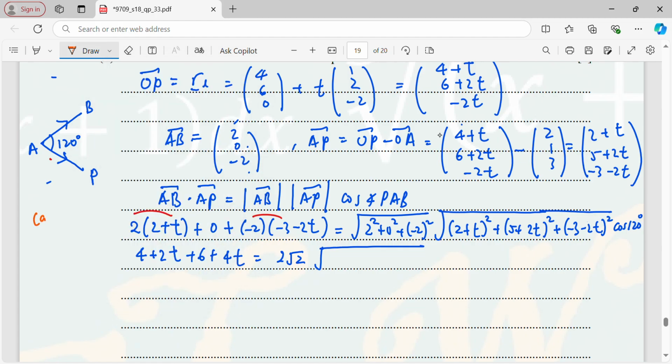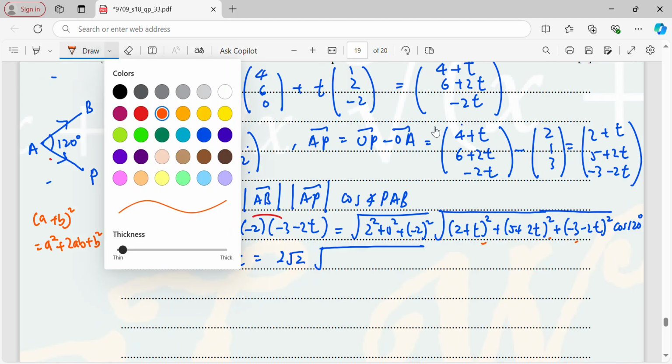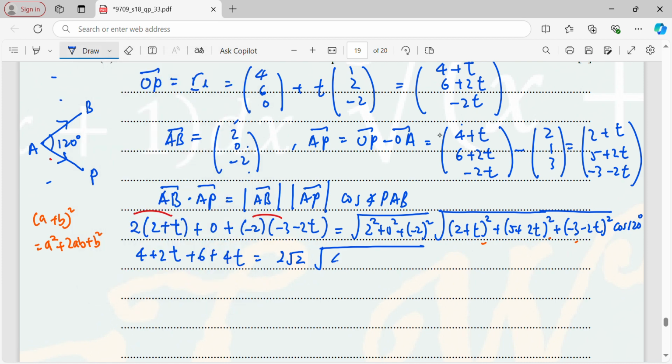Use the formula (a plus b) squared equals a squared plus 2ab plus b squared for all this expansion. Then you will be getting 4 plus 4t plus t squared for the first expansion. Second expansion is 25 plus 20t plus 4t squared. The third expansion, 9 plus 12t plus 4t squared.